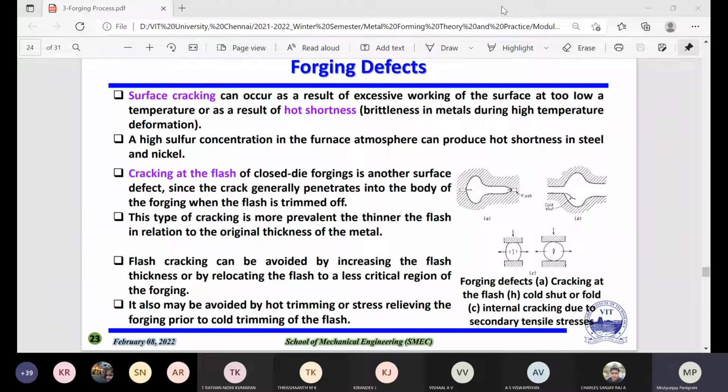Then they have some tests. For example, the visual test; if you have very small cracks, it goes to NDT, non-destructive testing, and somewhere else they go for tensile testing or mechanical testing.